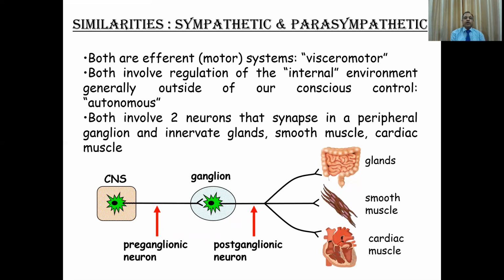Both also involve 2 neurons which synapse in a peripheral ganglion and innervate the glands, the smooth muscles, and the cardiac muscles. So here, they originate in the central nervous system. The preganglionic fiber comes to ganglion, and then from the ganglion, the postganglionic fibers arise and go to the various organs.